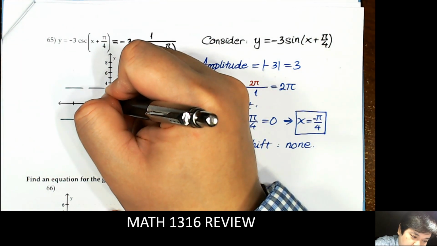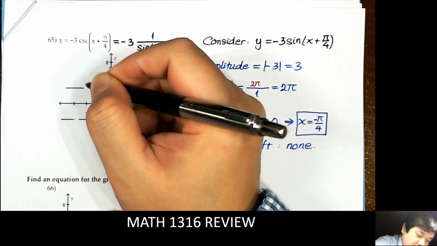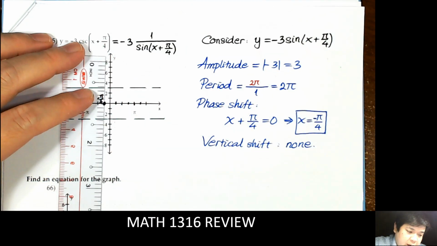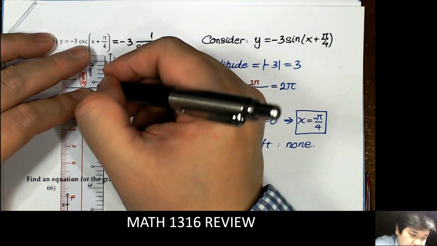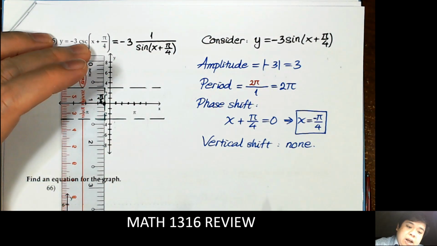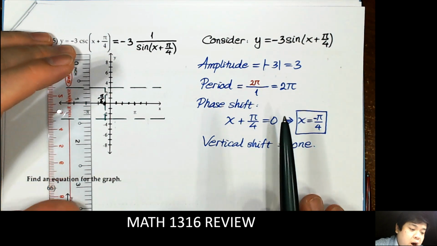So here is negative pi over 4, and that's where the cycle starts. And the period is 2 pi, so we're going to go 2 pi from there.